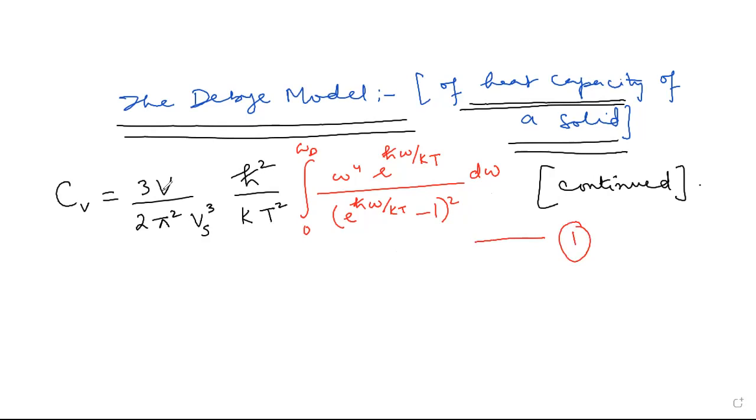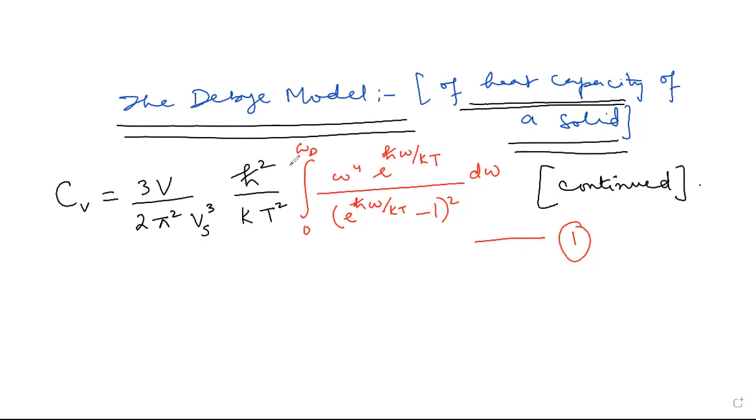And you know the symbols. V is volume of the sample. Vs is velocity of sound through the solid material. K is Boltzmann constant. H bar is h over 2 pi, where h is Planck's constant. T is absolute temperature. Omega is angular frequency. And omega d is what we call Debye frequency.